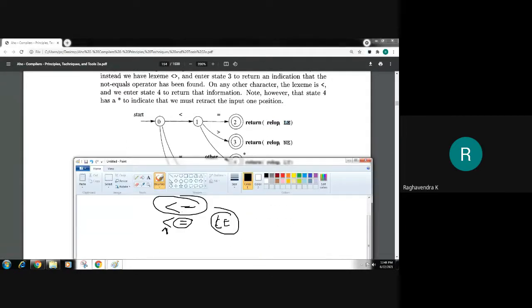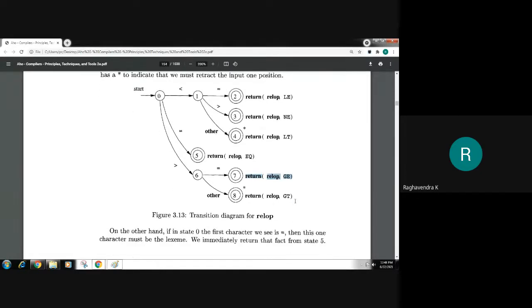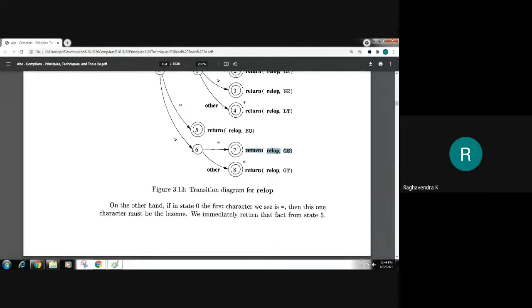The third possibility is that after this symbol, I might have seen this symbol, which is for not equal to. In that case, I will move to state number 3 and return relational operator not equal to. The same thing goes with state number 6. After seeing a greater than symbol, I can see an equal to, in which case I will end up in state number 7 and return relational operator greater than or equal to.